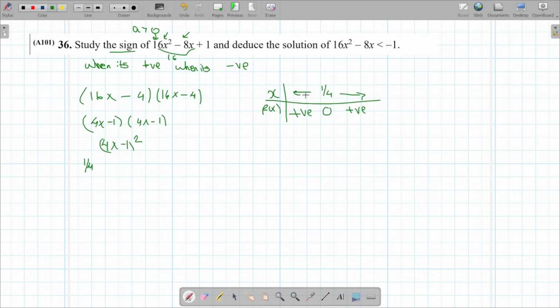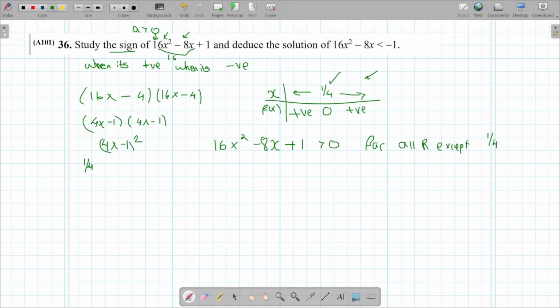Okay, so do I write this in the exam? Are we done? Obviously not. In the exam, in the written part, if you just write this, you're gonna get it wrong. They said study the sign. So you can say, we want to know when it's positive, when it's negative. So you say 16x squared minus 8x plus 1 is positive for all real numbers except 1 over 4, right?